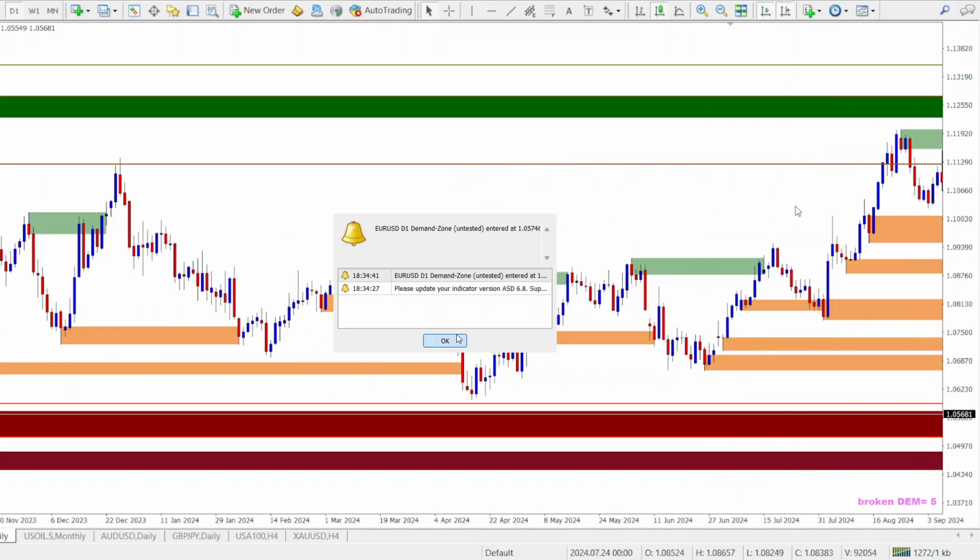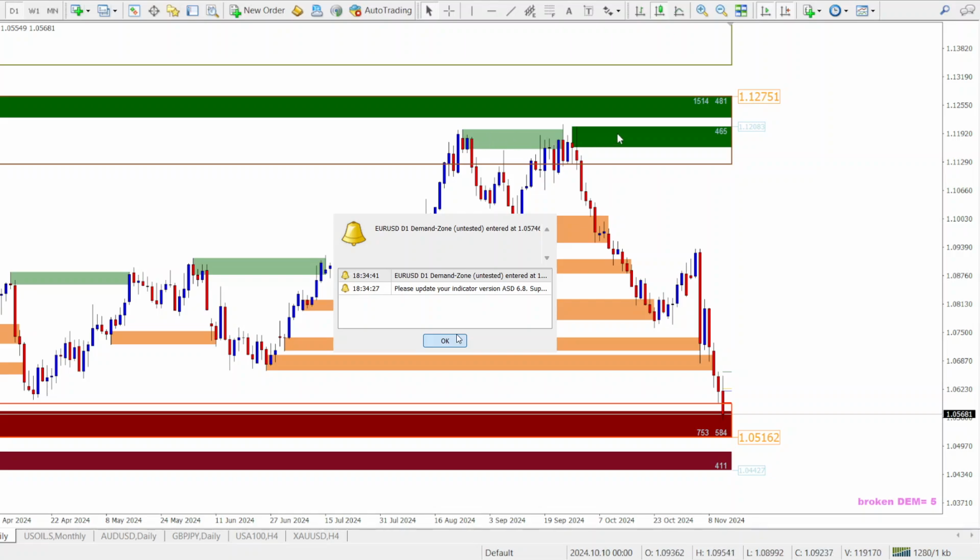So as we can see, during this period of this green colored zone, the price of the asset, being Euro USD, always got rejected and came back down. So this is a supply zone.